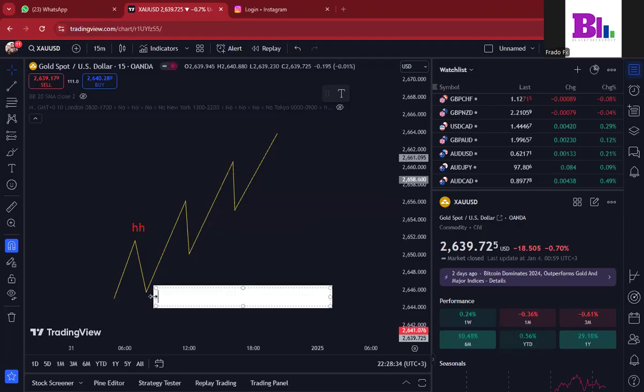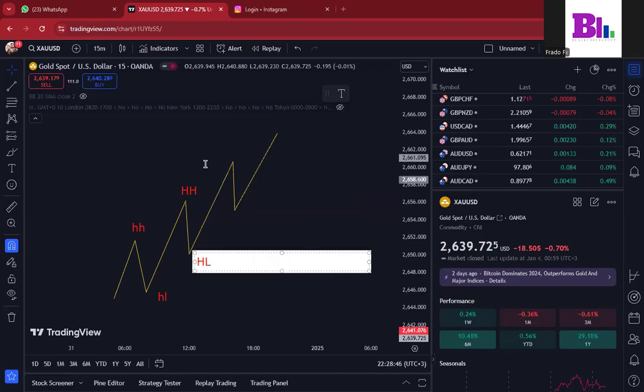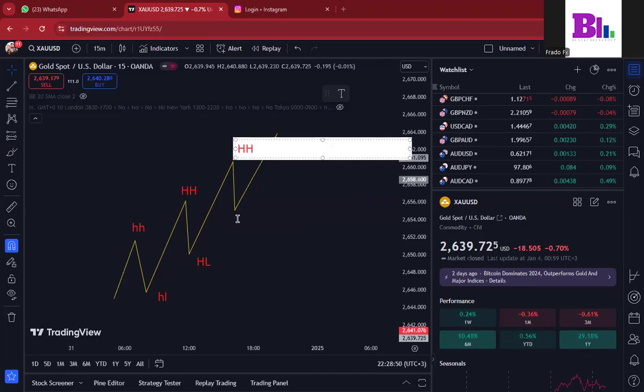This is a higher low. This is a higher high. This is a higher low. This is a higher high. This is a higher low.